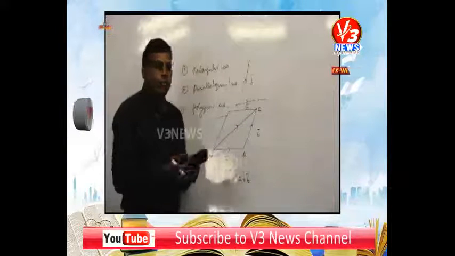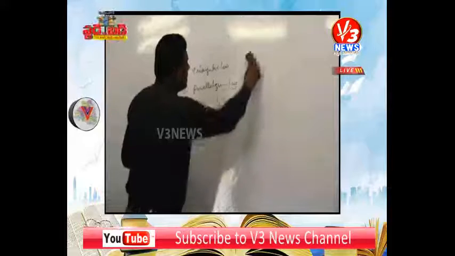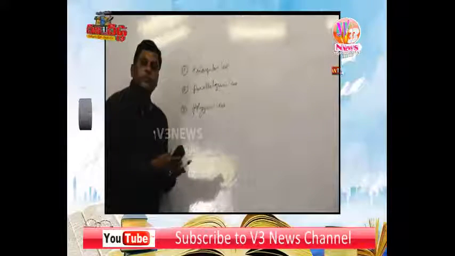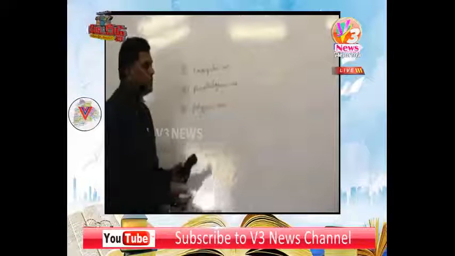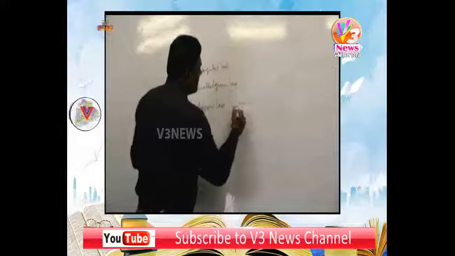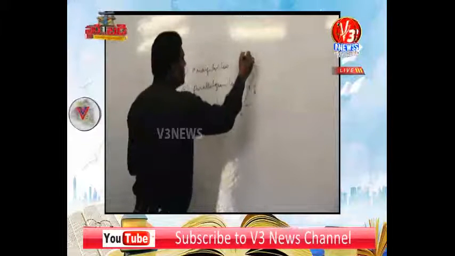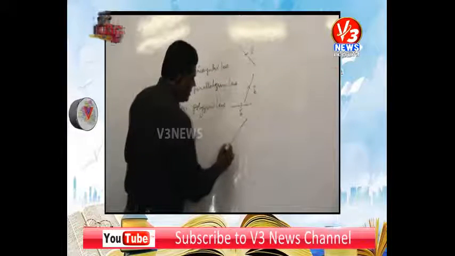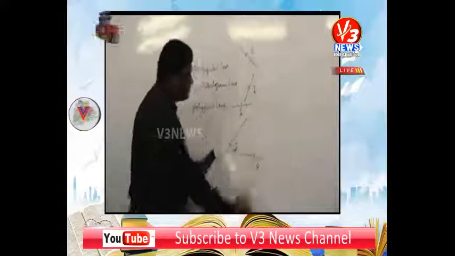So in simple way we can use this parallelogram law as well as triangular law to add given vectors. If we have more than two vectors, some 3 vectors, 4 vectors, 5 vectors like this, A bar, B bar, some C bar, here like this D bar and E bar.